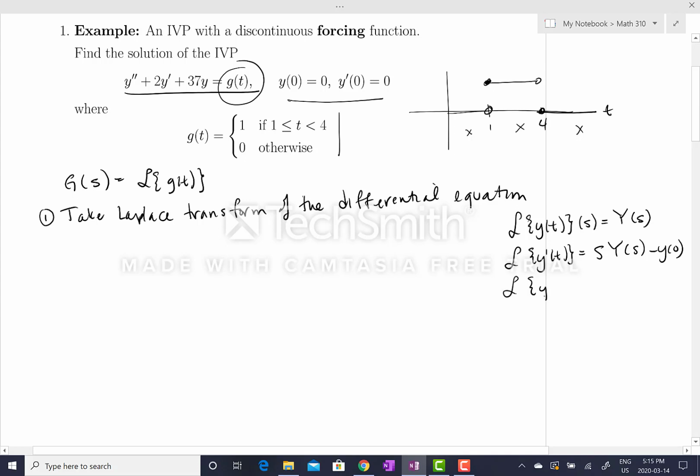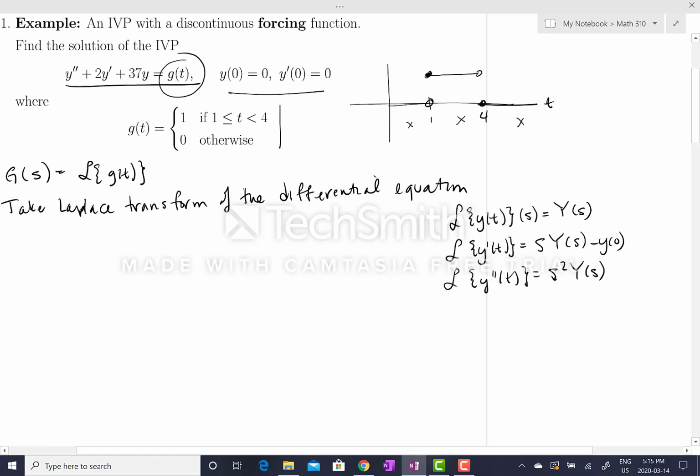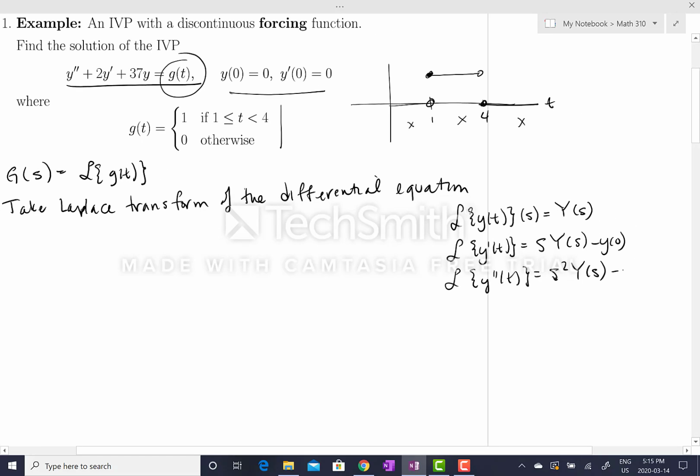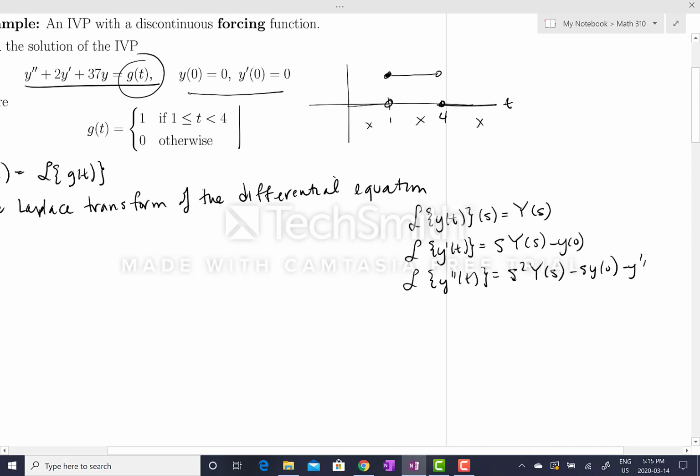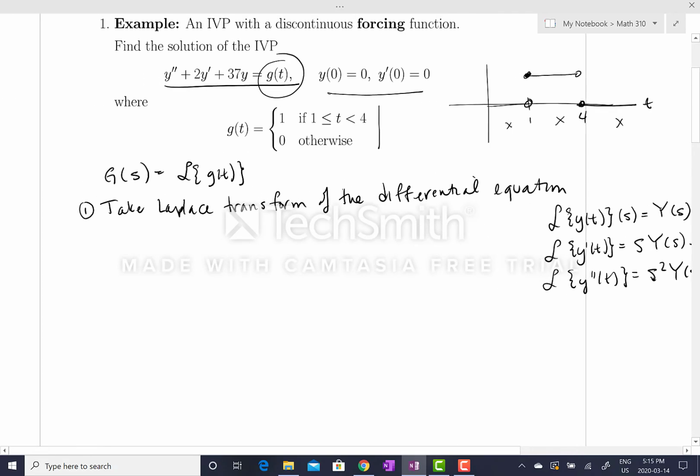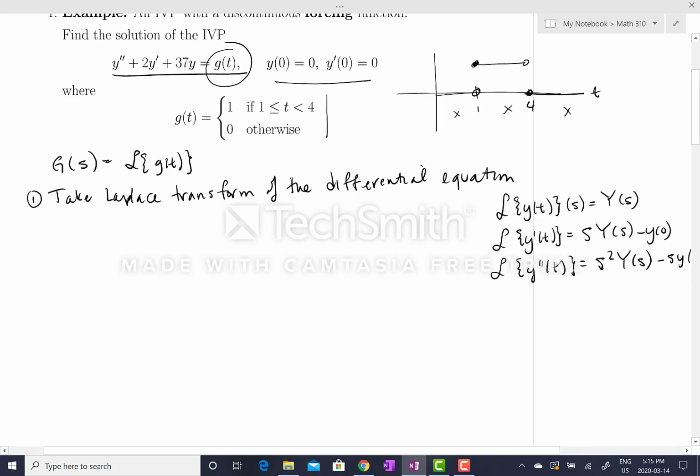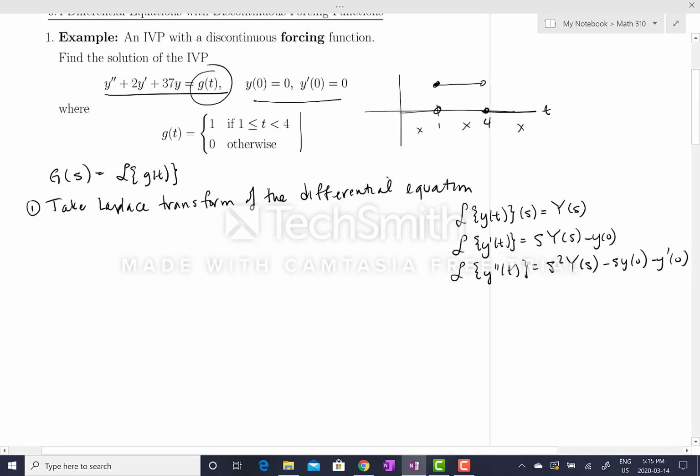Similarly, the Laplace transform of the second derivative can be represented in this manner: s squared times capital Y of s minus s y of 0 minus y prime of 0. So we have a clear relationship between the Laplace transform of the function and of its derivatives.